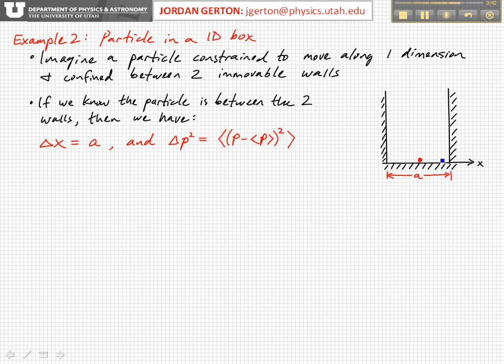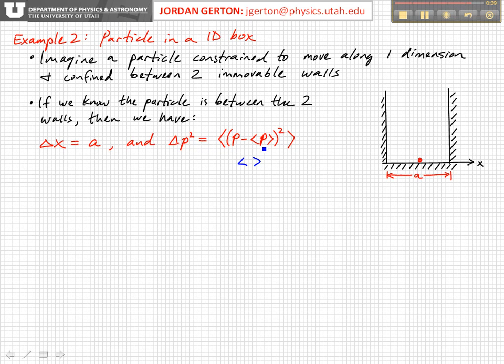Okay. Now, let's think about the uncertainty in the momentum. Now the particle, as it's sitting in this box, might be moving around, it might be bouncing around in the box, and it might have an average momentum ⟨p⟩, where this symbol means average. Okay, so it has some average momentum.